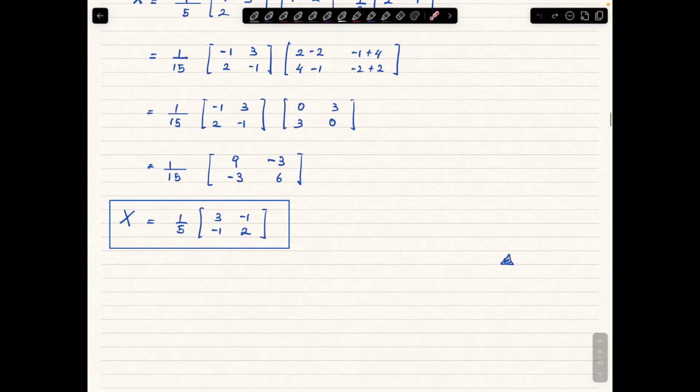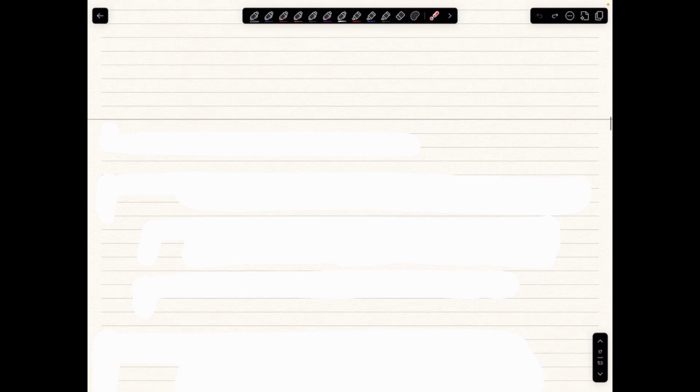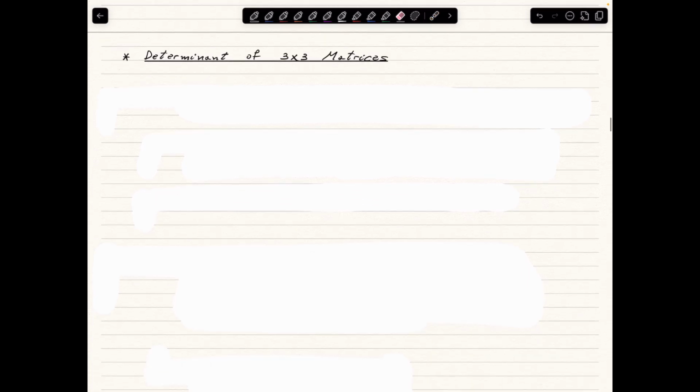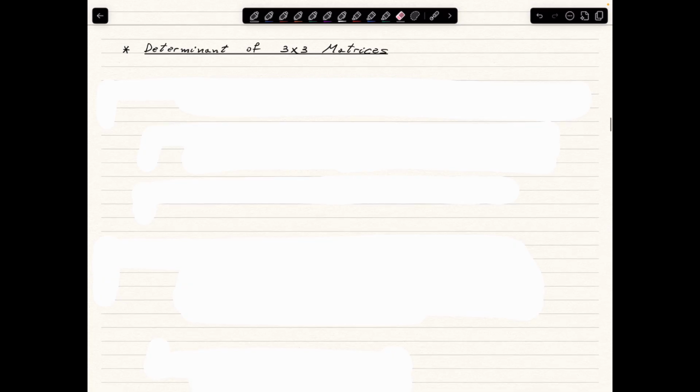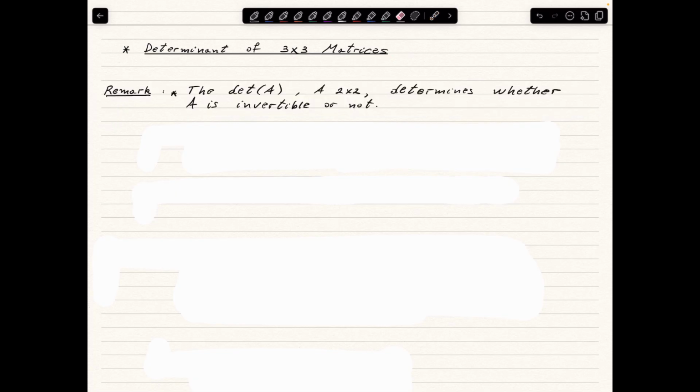In the last part of this video, we are back to the determinant, and we are going to try to see how the determinant of 2 by 2 matrices is generalized to 3 by 3 matrices. Recall that the determinant of a 2 by 2 matrix is a number that determines whether the matrix is invertible or not.